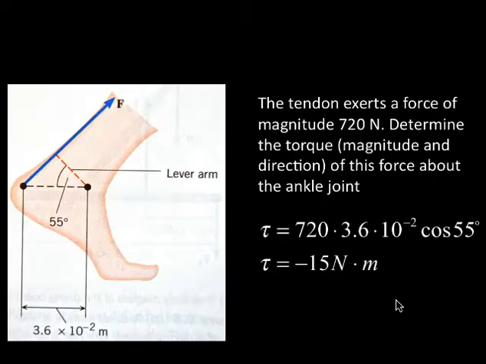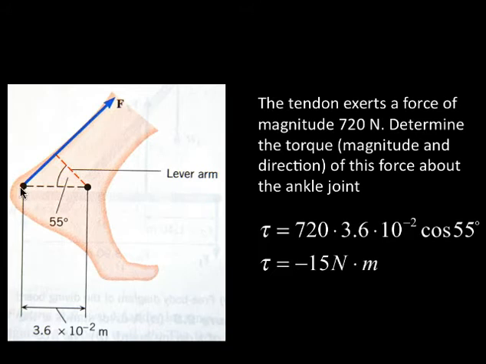Because here's another example. The tendon exerts this force, and it lifts the heel, and we are given the size of the heel right here from the axis of rotation, because this is relative to what we are talking about, the rotation, because it can go down and up, down and up.